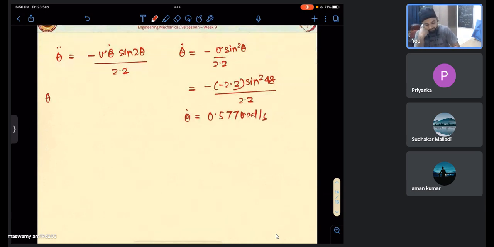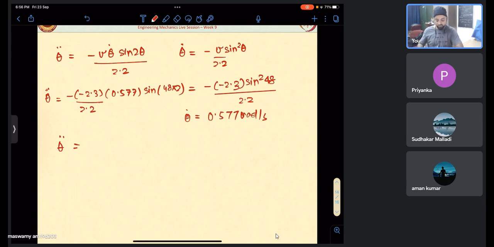So theta double dot, we can just substitute minus 2.3 by 2.2, 0.577 into sine of 48 into 2. So what do we get this as? It is positive. So 2.3 sine 48 upon 2.2.